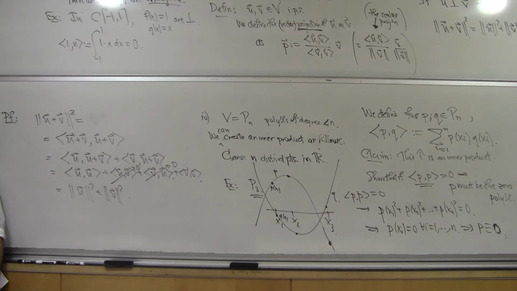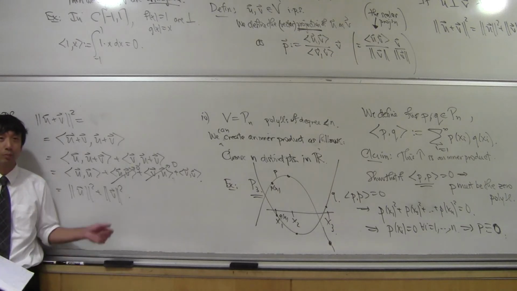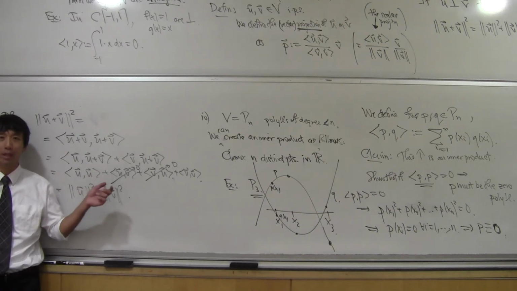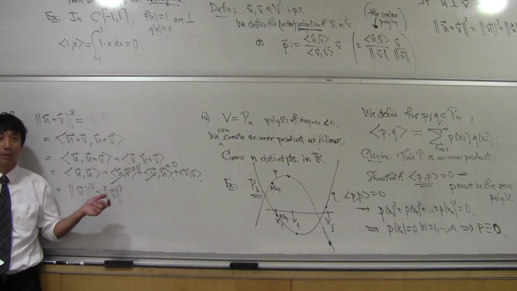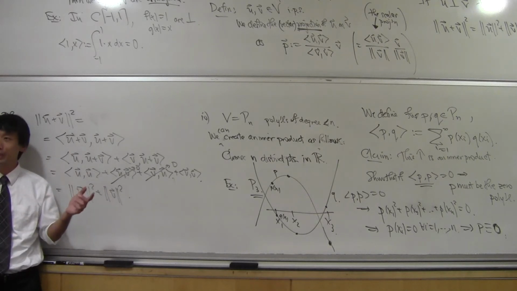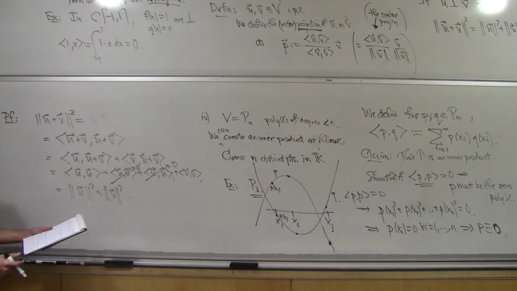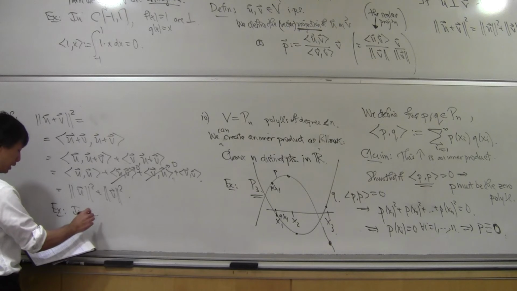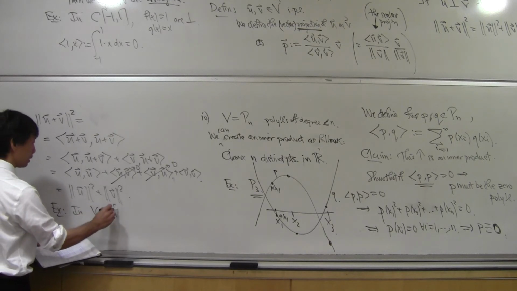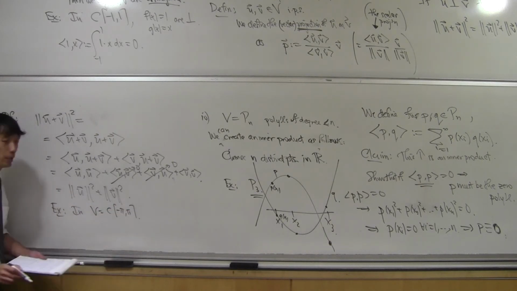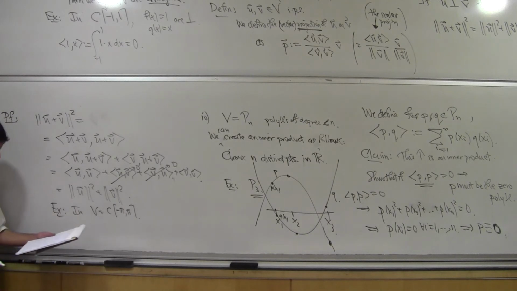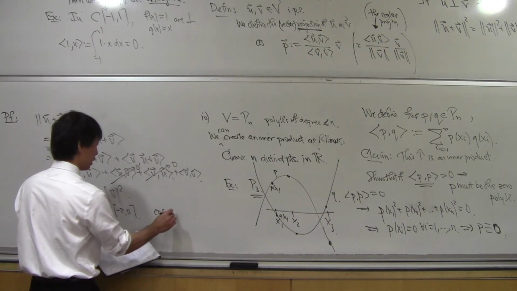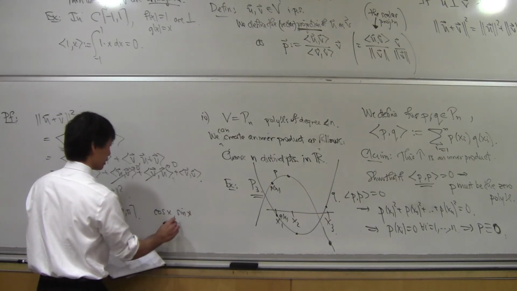So in an abstract inner product space, you have a Pythagorean theorem, even though there are no triangles. And you can talk about functions being perpendicular to each other. So, for example, in the continuous functions on negative pi to pi, cosine and sine are perpendicular.